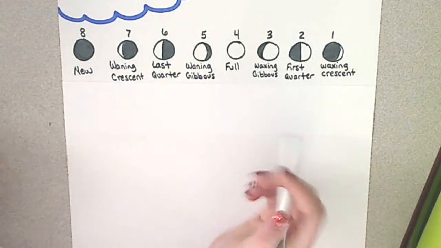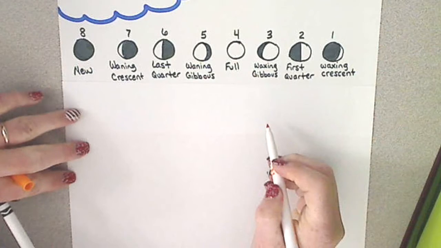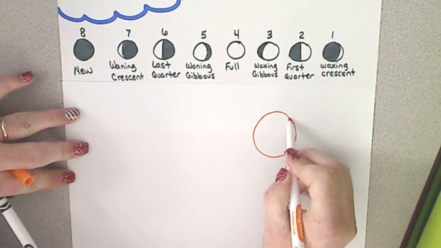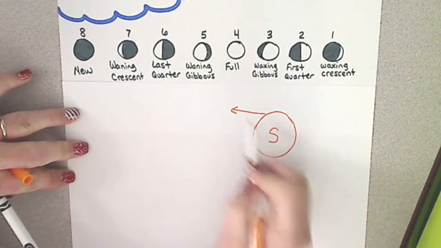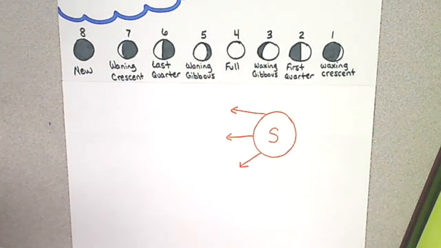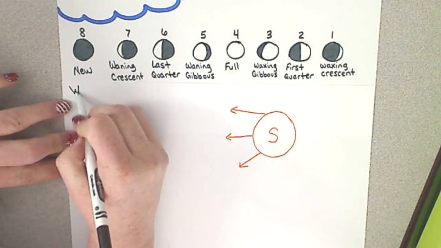So just like we did last time, we are going to have our sun. Again, sun is always sending out light energy. But this time, this model is going to be labeled what we see.